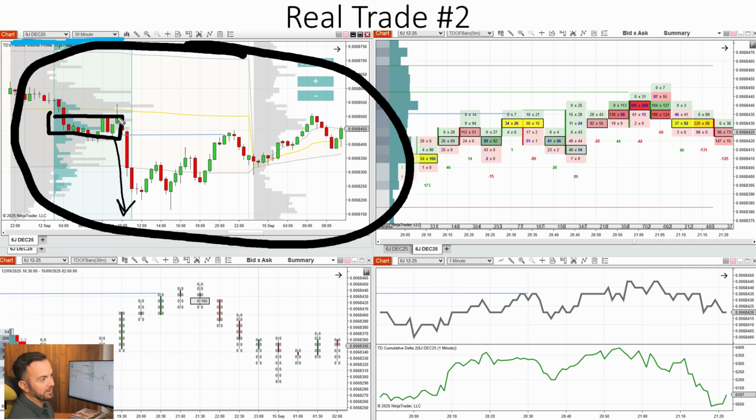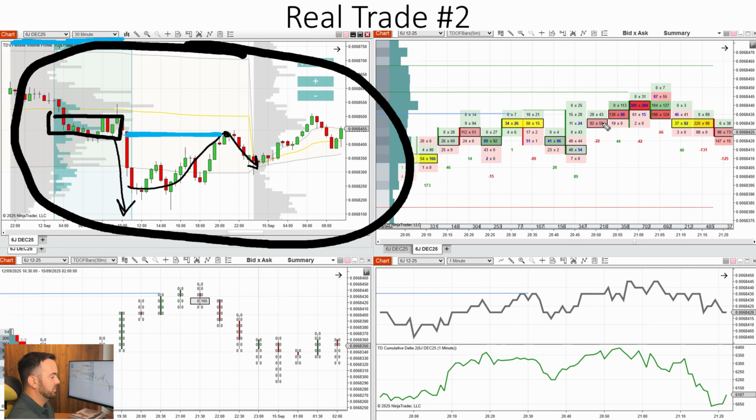This is telling me that sellers were active here, accumulating their short positions, and then they pushed the price aggressively downwards. This is a setup which I call the volume accumulation setup, and the price usually reacts to it like this, right?